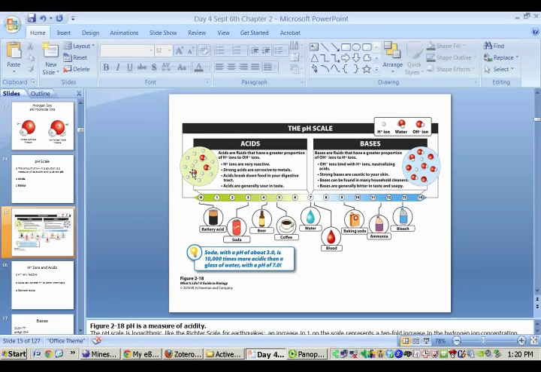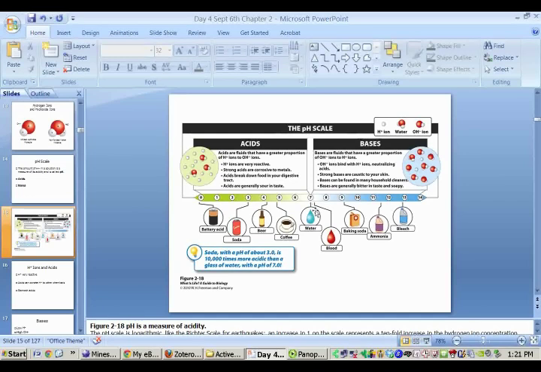So if you look here at this little picture right here, we've got all these little H pluses hanging around. Those would be the H plus ions. They are very reactive. If it is a strong acid, it can actually be corrosive to metals. Acids break down your food in your digestive system, and they generally have a sour taste to them.